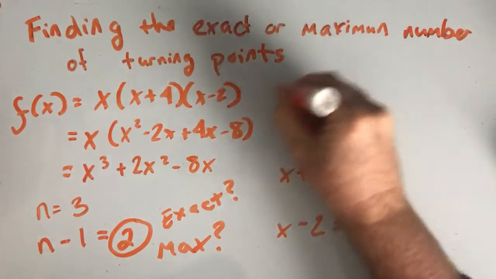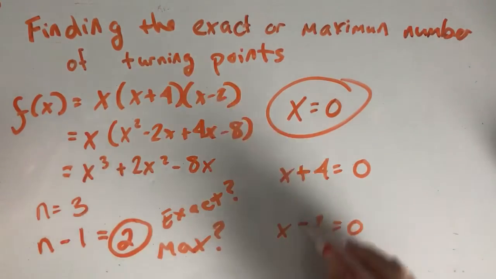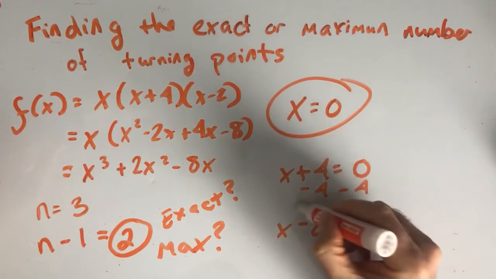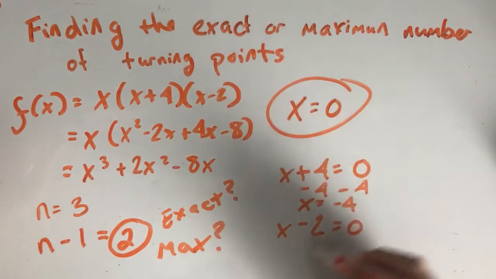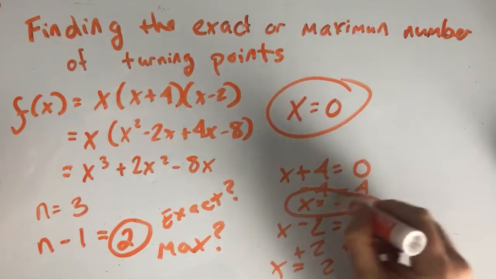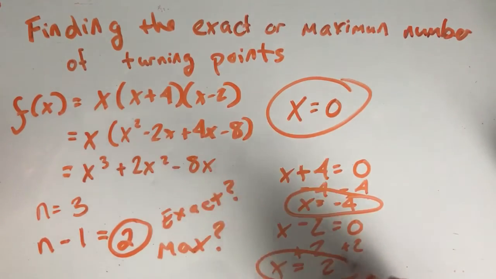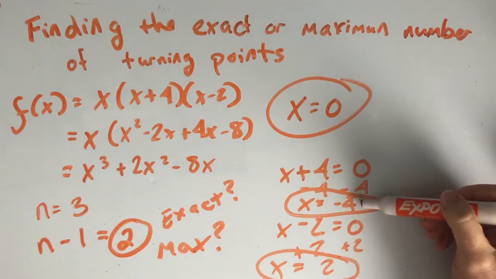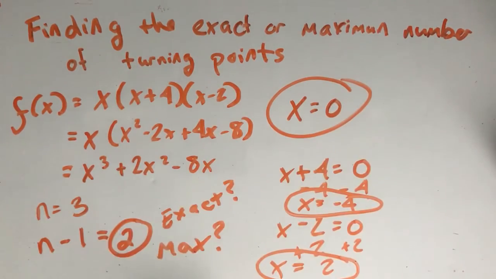Well, there's 1. Minus 4, minus 4, so x is negative 4. Add 2, x is 2. So there's 3 distinct zeros. There's a 0 at 0, there's a 0 at negative 4, and there's a 0 at 2.